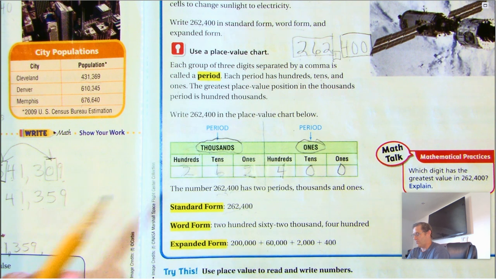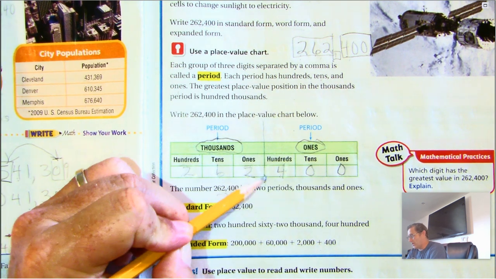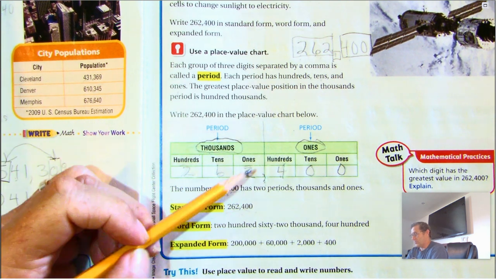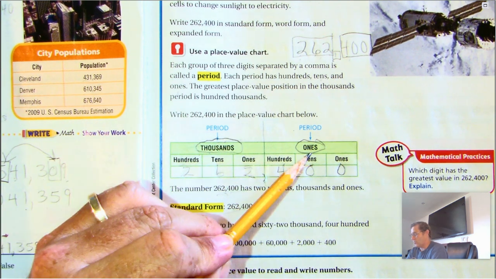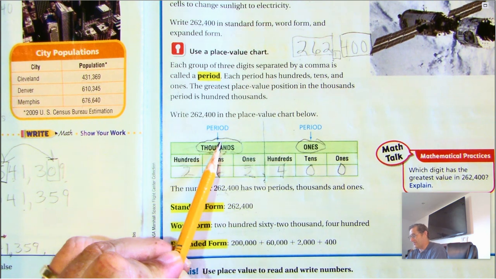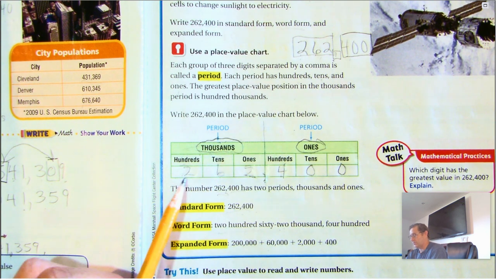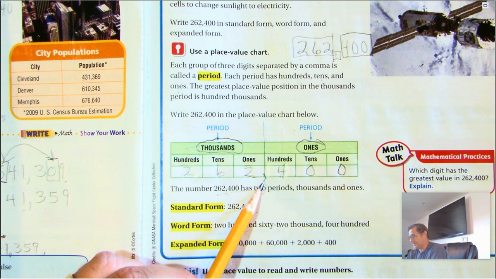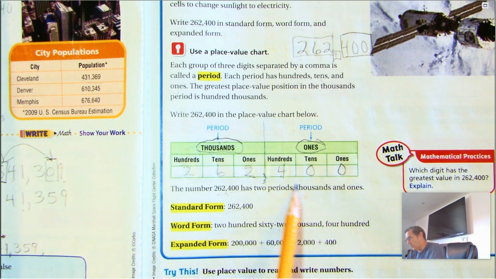How do we figure out what we say? Well, we only have one comma, and that comma is separating the thousands and the ones. So we start by saying 262, and that's in the thousands period. So that's what we're going to call it, 262,400.